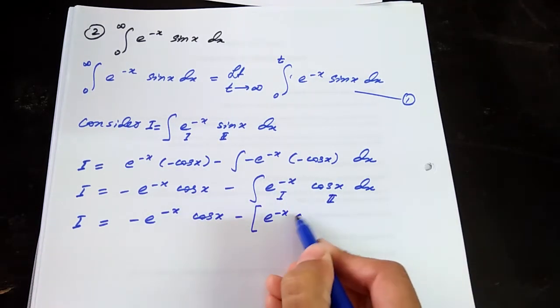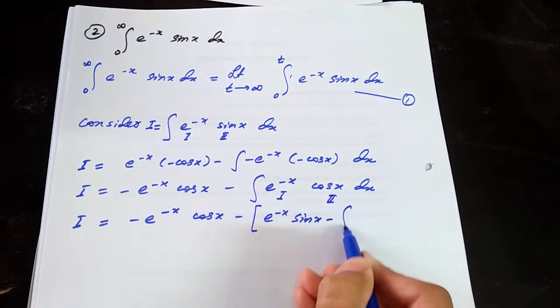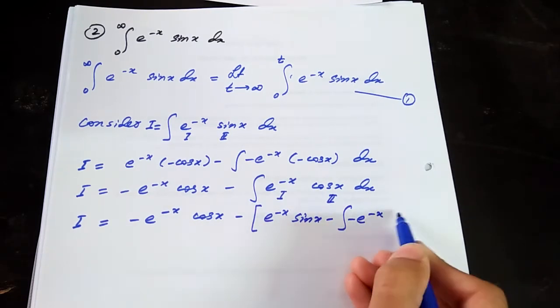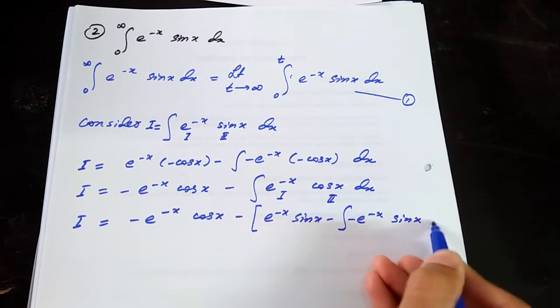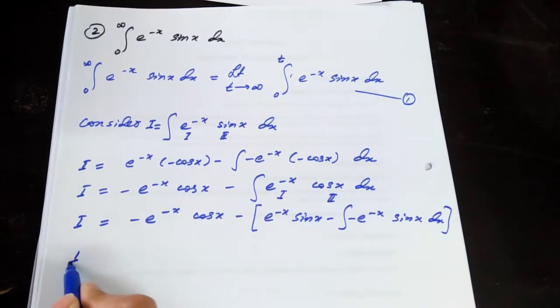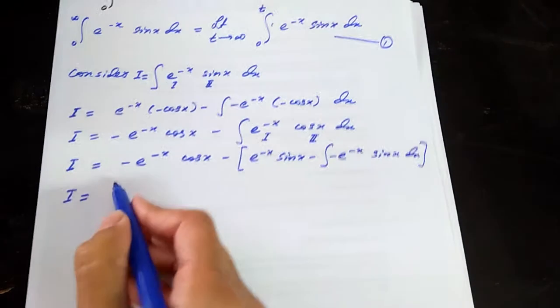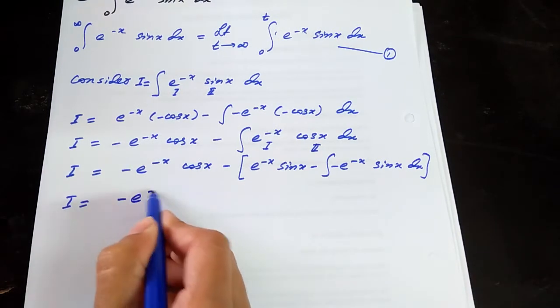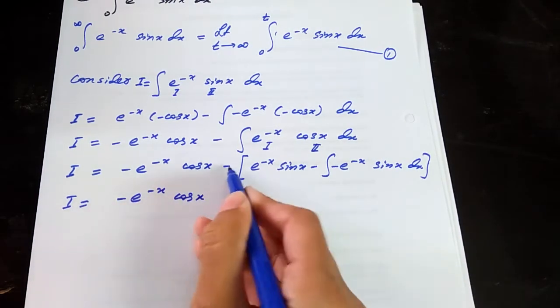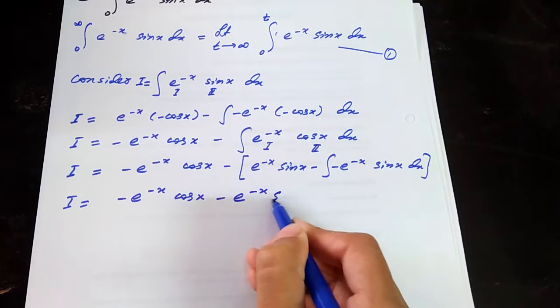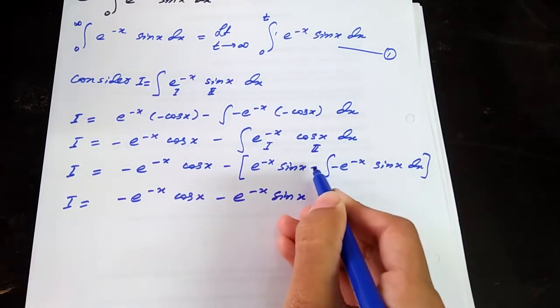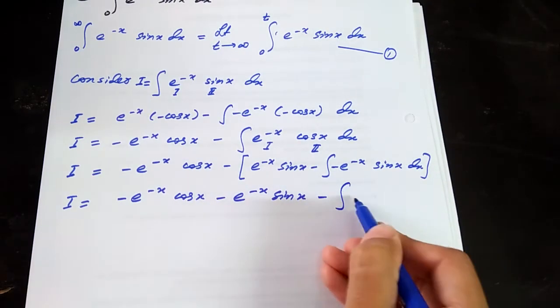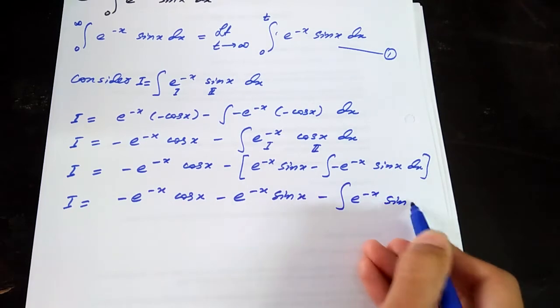First function into integration of second function minus integral of derivative of first function into integration of second function dx. This will become I equals minus e raised to power minus x cos of x minus e raised to power minus x sine of x minus minus plus, and this will be minus integral e raised to power minus x sine of x dx.